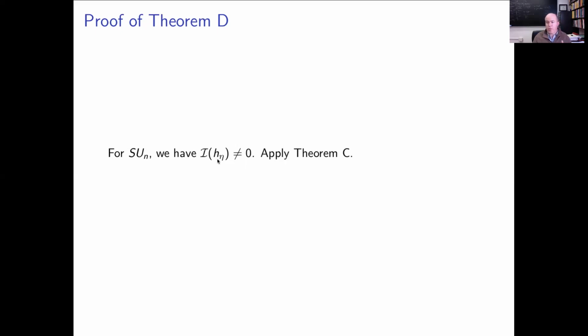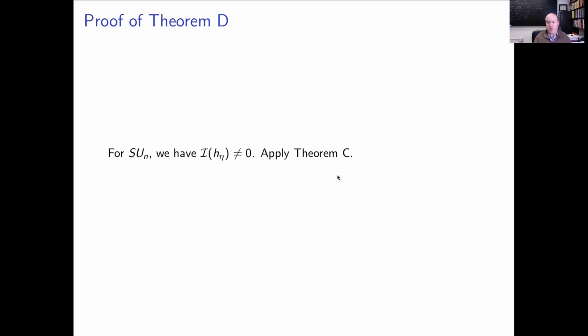But if you think back to Theorem C, what it said is that this quantity is, up to a constant, the same thing as a third variation. So for this quantity h sub eta, the third variation is non-zero, and that's enough to prove linear instability, dynamical instability. So that's how it works.